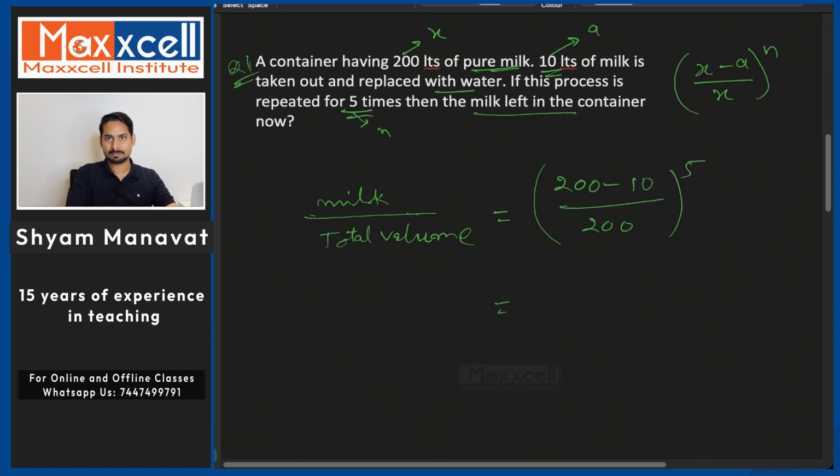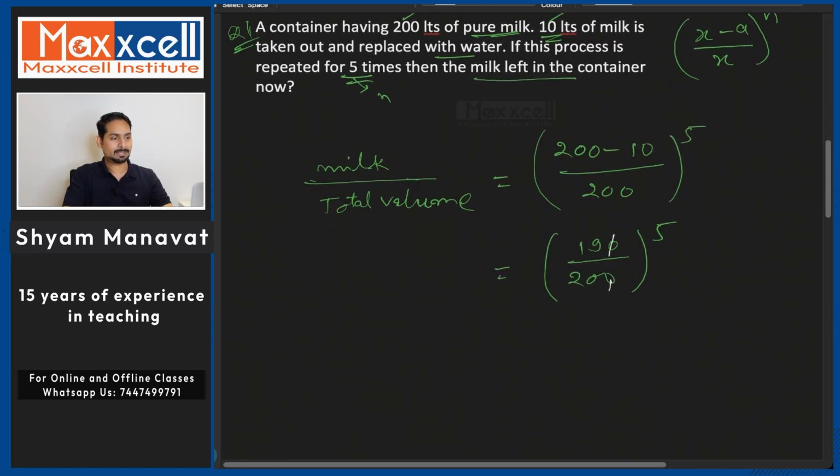Simplify. Now it's all calculation. The main point is to understand how to apply and when to apply this formula. So we have 190 divided by 200, to the power 5. Simplify this: 19 by 20.